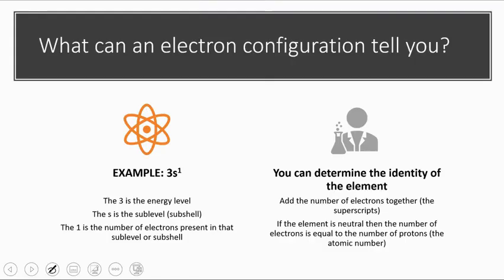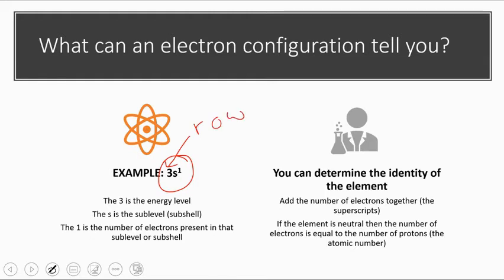So what can an electron configuration tell you? If we look at the very last part of an electron configuration, it can tell you what the energy level is, what the sublevel is, so the location in the periodic table, and how many electrons are present in that sublevel. So if I had something that ended with 3s1, I know that it's energy level 3, which is the same as the row on the periodic table.